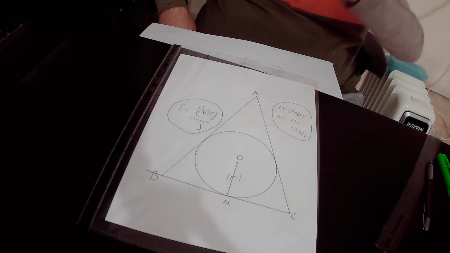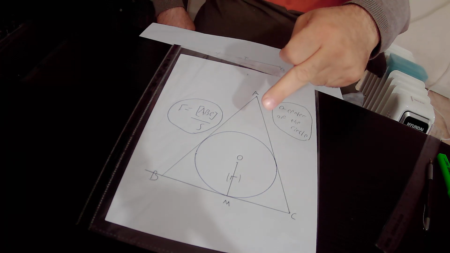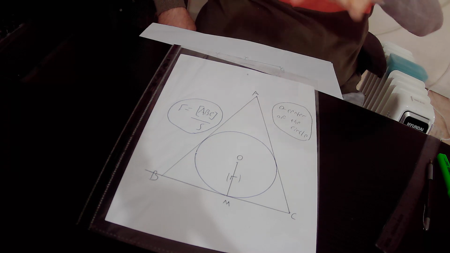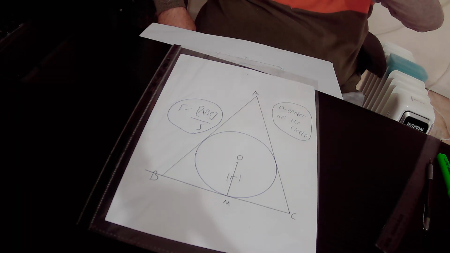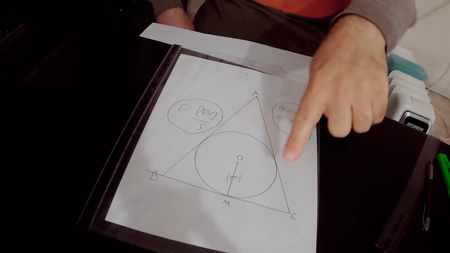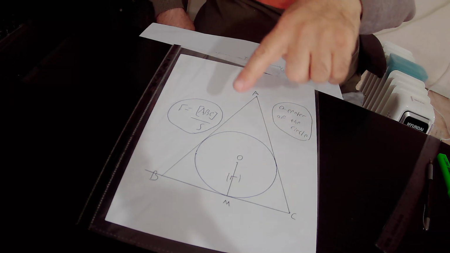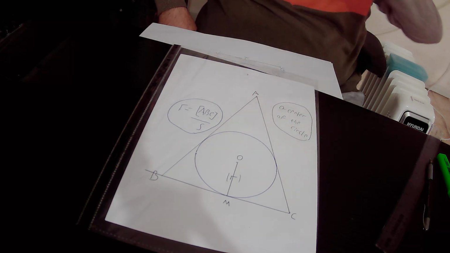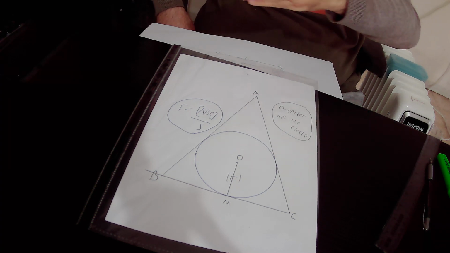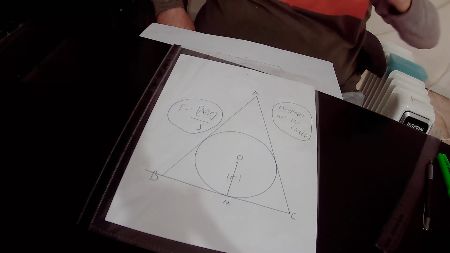So actually we can know what is the radius of this circle only by knowing the area of triangle ABC that blocks the circle and the semi-perimeter of the triangle. So the radius of this circle that is inscribed by triangle ABC equals the area of triangle ABC over the semi-perimeter of the triangle. The semi-perimeter of a triangle is the perimeter over 2.